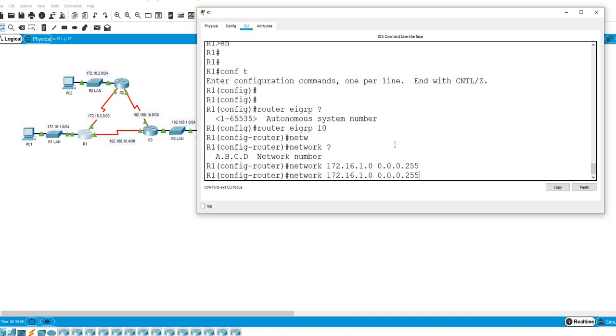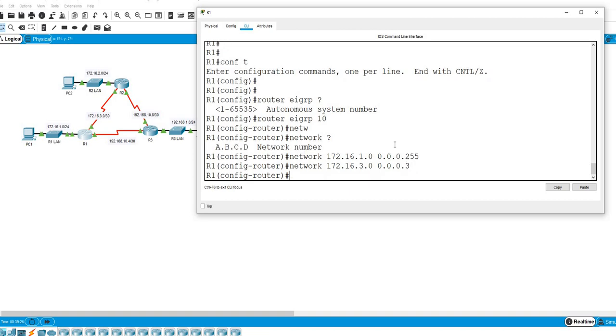And then the next network command. The second network which I will include in my EIGRP is 172.16.3.0. It has a mask value of /30, so the wildcard mask of /30 is 0.0.0.3. The third directly connected network is 192.168.10.4.